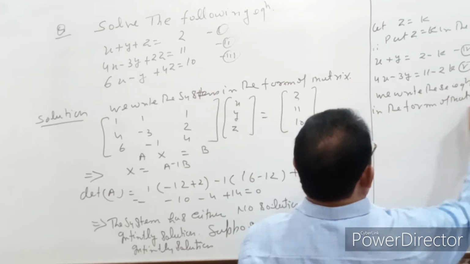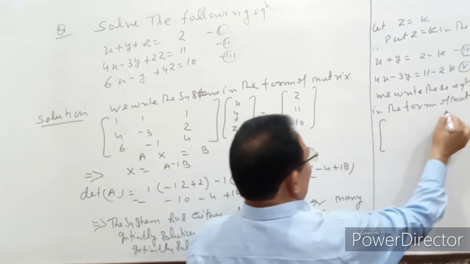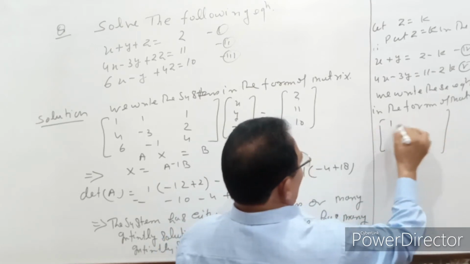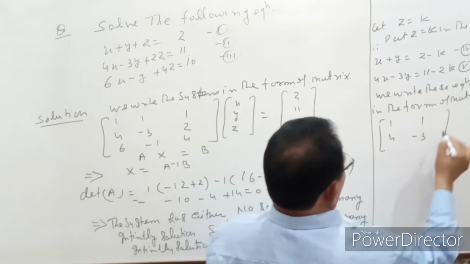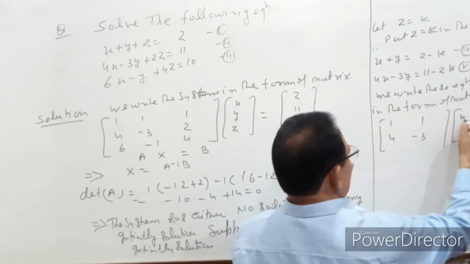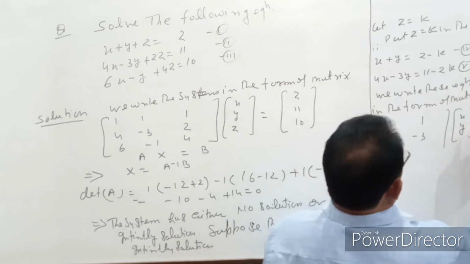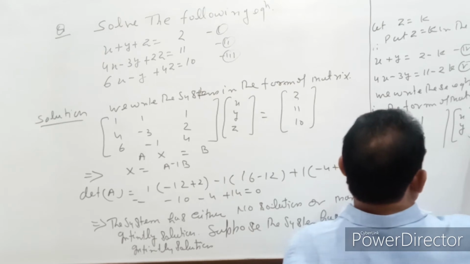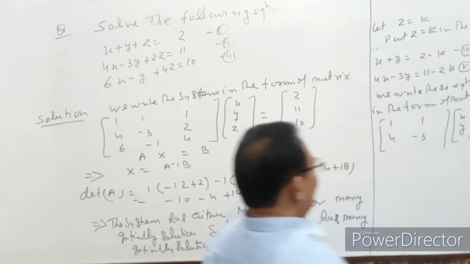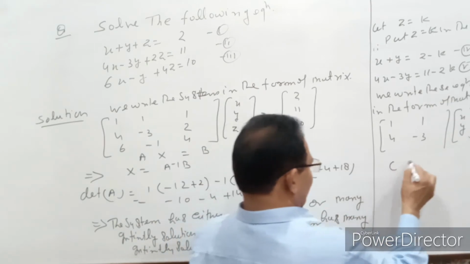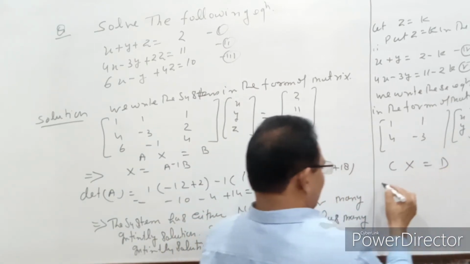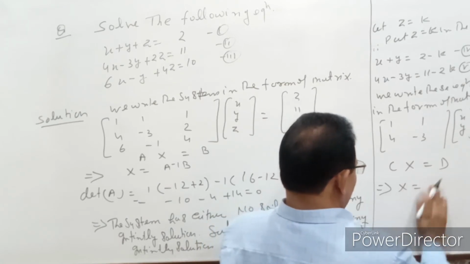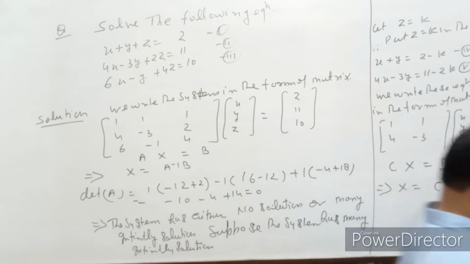In the form of matrix we get, see, that is 1 1, 4 minus 3, into x y, is equal to 2 minus k, that is 11 minus 2k. Now this is CX, and this is equal to D, that is X is equal to C inverse D.